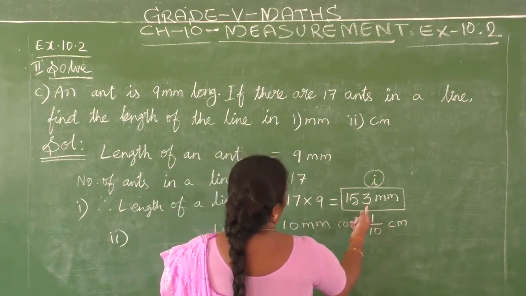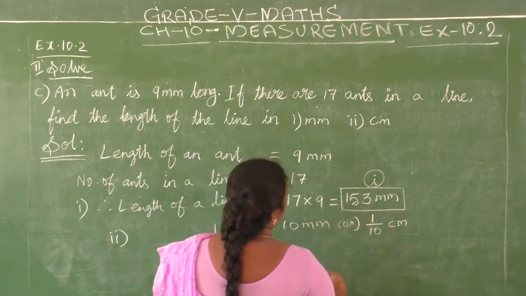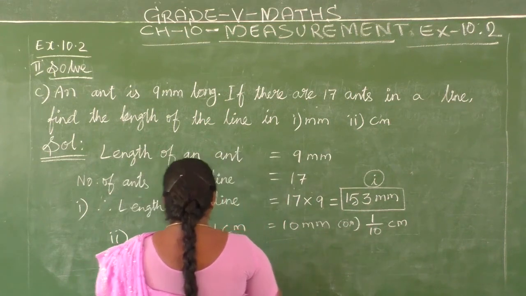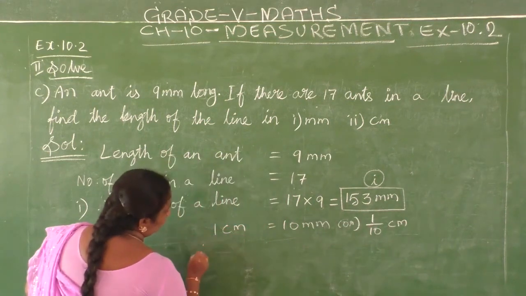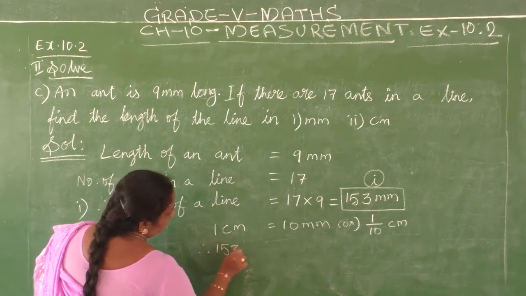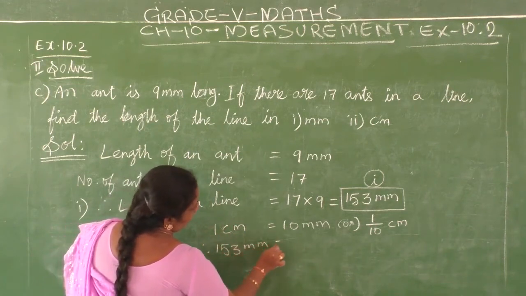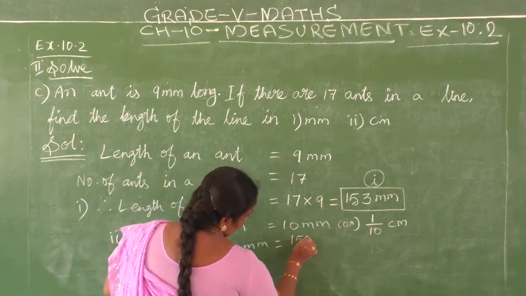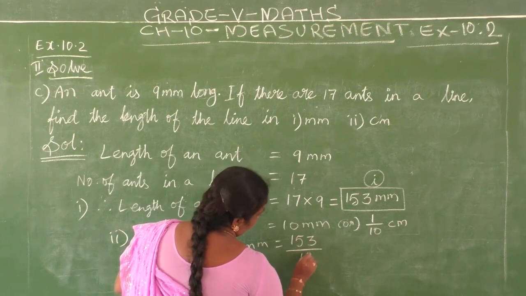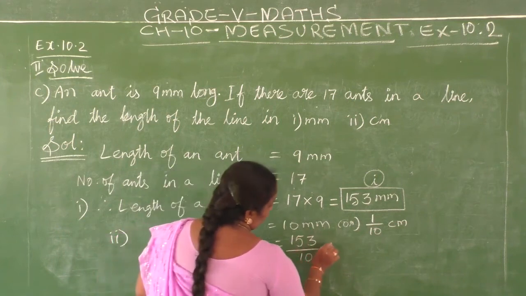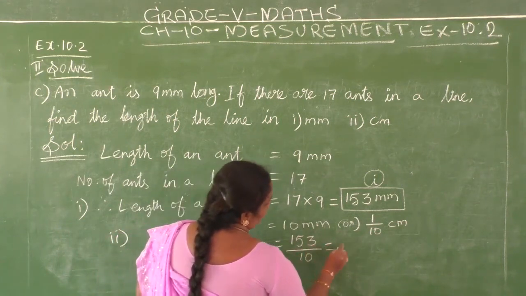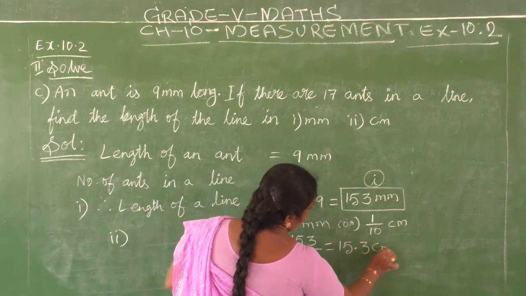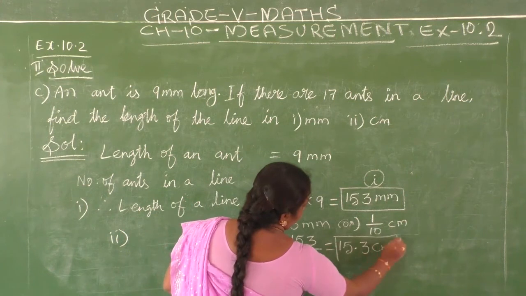So now we are going to change that 153 millimeter into centimeter. So 153 millimeter is equal to 153 by 10. What will come? After one digit we have to keep the decimal point. So 15.3 centimeter is the answer.